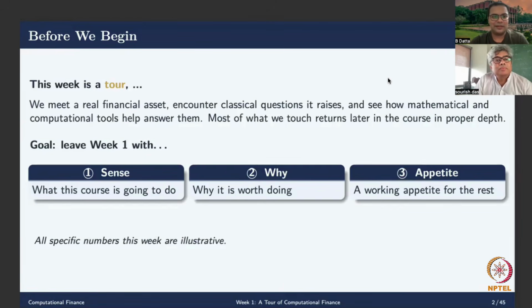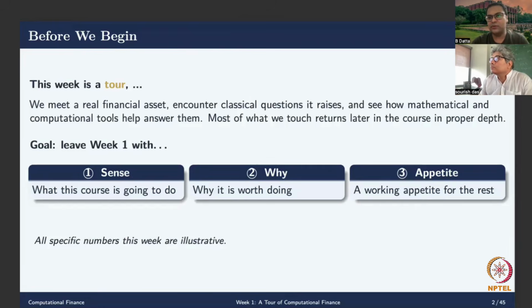Right. So I think rather than getting into definitions of what computational and finance and all these things are, what we want to do is immediately jump into a set of topics, right? We want to introduce a few main elements from finance that we'll be using over and over again in this course. So for example, this week we'll see examples from the world of bonds and portfolio choice.